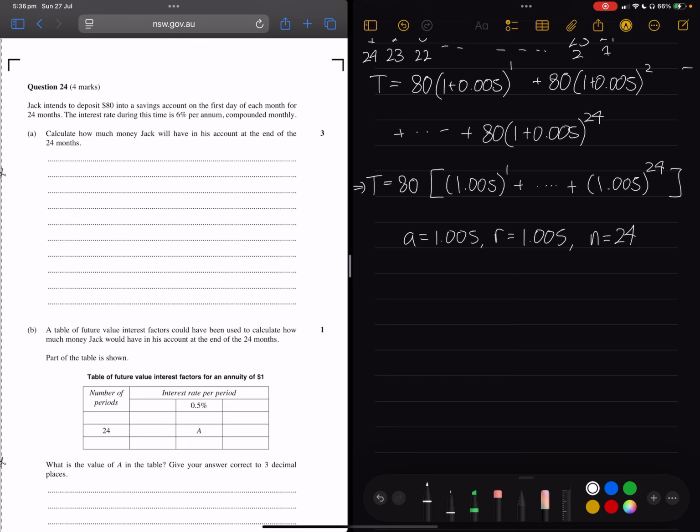So we have the sum of n terms is the first term times r to the n minus 1 over r minus 1. So we get 1.005 times 1.005 to the 24 minus 1 over 1.005 minus 1, which is 0.005.